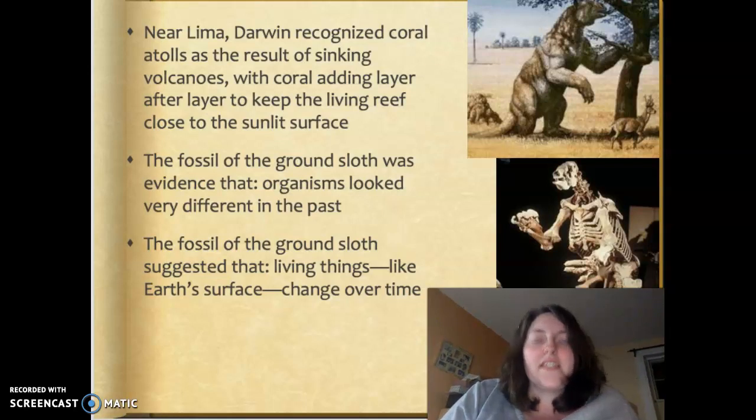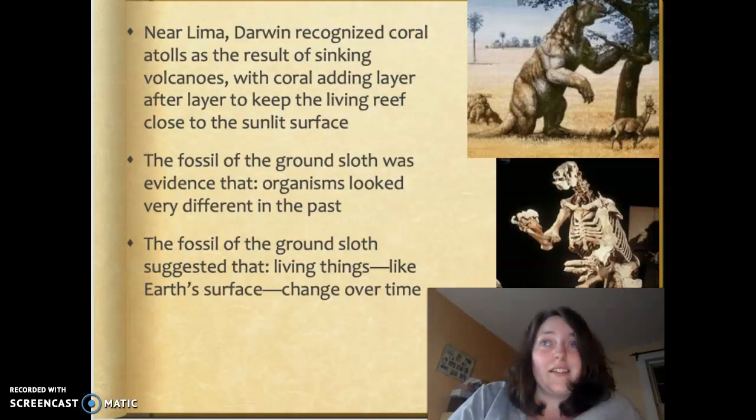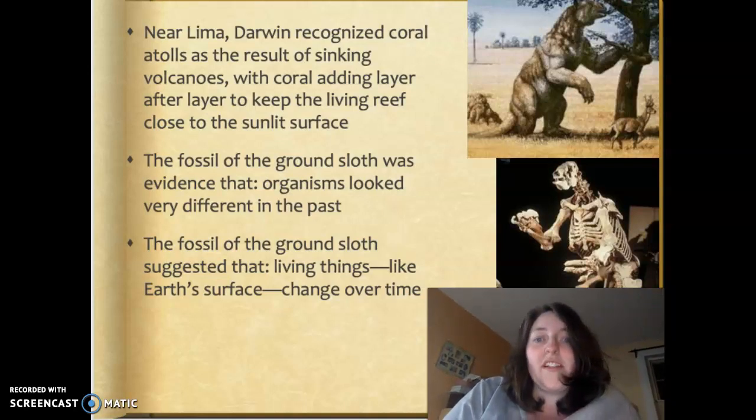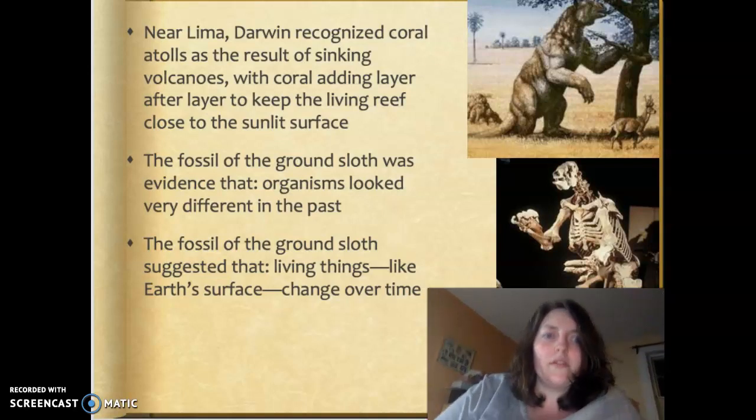And they were found in the same areas as the modern animals. They just were gigantic, which really hinted that these were from the same line. These were related, and that maybe things do change over time if given enough time in the proper environment.